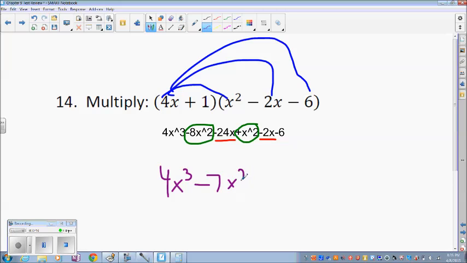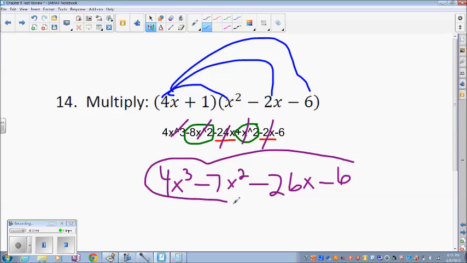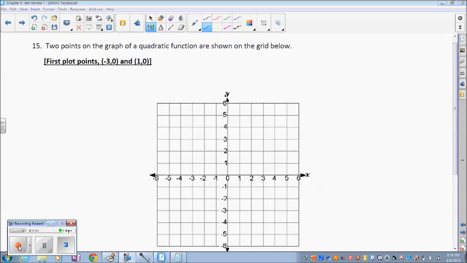And our negative 8x squared and 1x squared ends up being negative 7x squared. Those are done. Now we got negative 24x and negative 2x. That's negative 26x. Those are done now. And we're left with minus 6. And that is your simplified version of that problem.